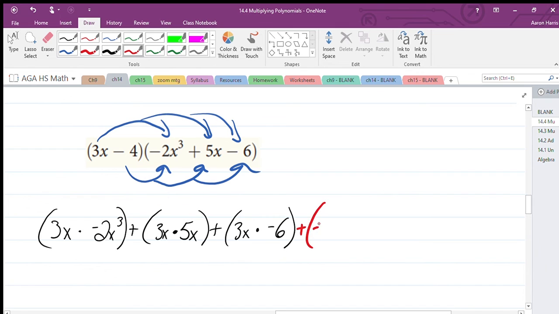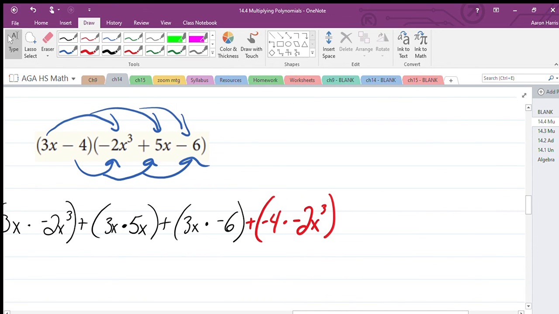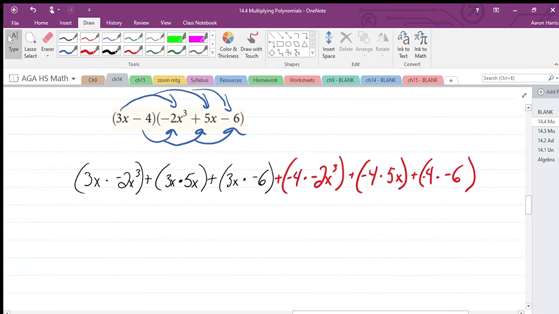So negative 4 times what? A negative 2x cubed. And then I have a negative 4 times what? 5x. And then I have what? Negative 4 times negative 6. Okay, so let's just do it.